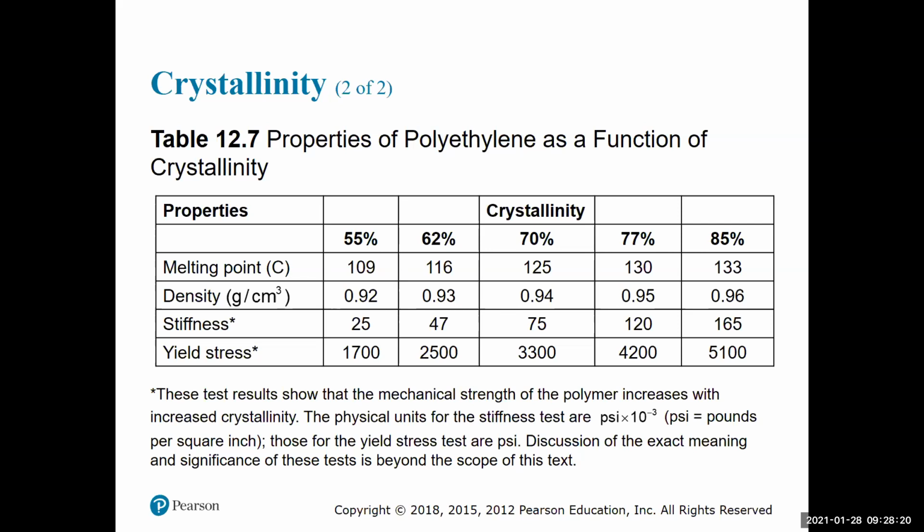When you do those yield stress type tests, it's usually measured in something called PSI or pounds per square inch. So if you think about pounds per square inch, what you're talking about is the amount of pressure on 1 inch of material. And so the higher the number, the more it can handle before it fails, however you're defining fail for that material.